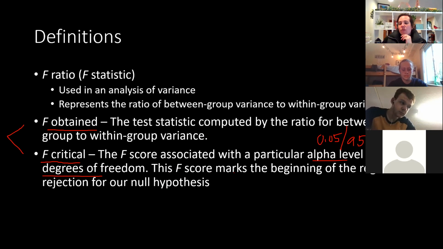This F score marks the beginning of the region of rejection of our null hypothesis. Anything above the F critical, you're able to reject the null that states that all the means are equal. So if your F obtained is greater than your F critical, you can say I am 95% confident that these means are not in fact equal. That's what that means. Are we tracking so far? Does that make sense?